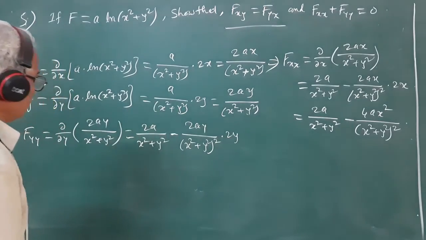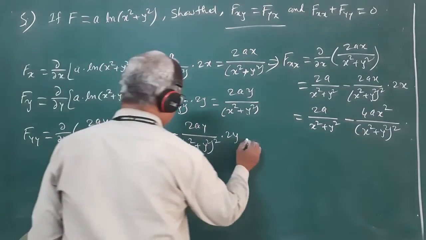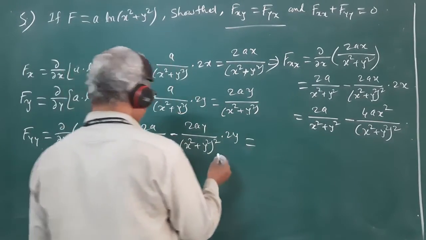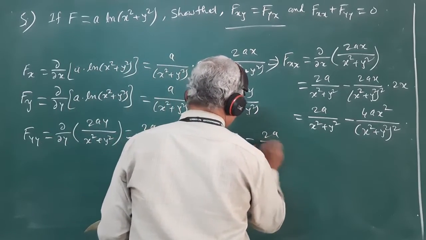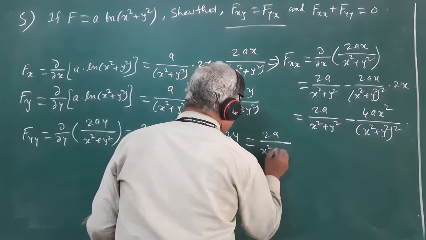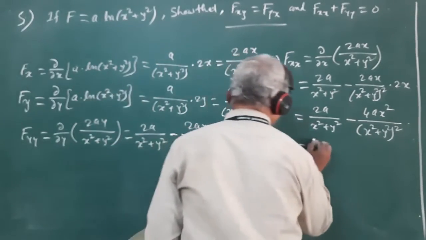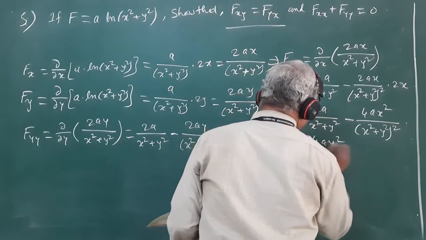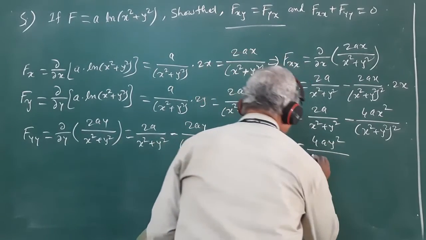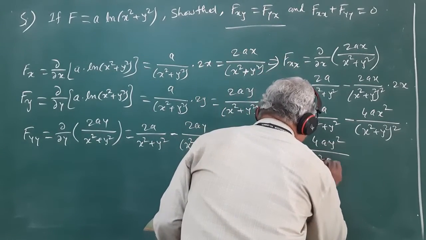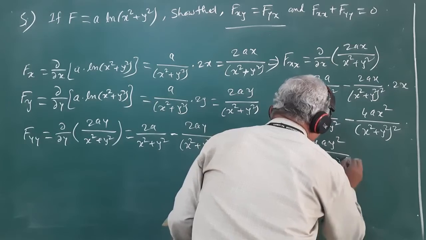So this works out to be 2a divided by x² + y² minus 4ay² divided by (x² + y²) whole square.